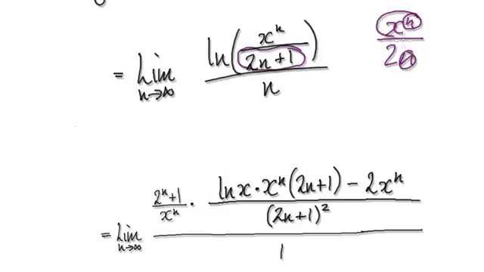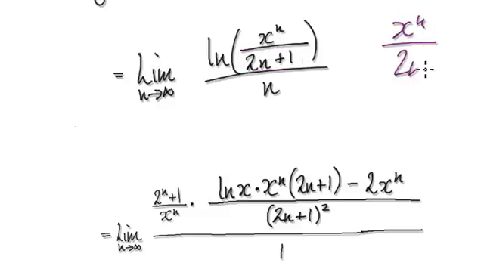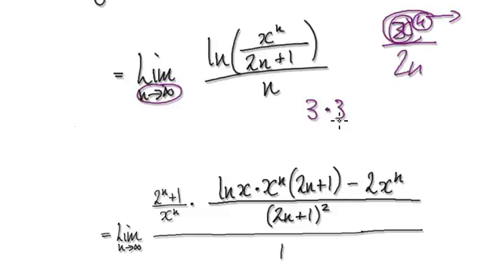which will dominate? Well, you see, x to the power of n will get a lot bigger than 2 to the power of n if, for example, let's say x is 3 here. 3 to the power of n, remember, n is getting bigger and bigger, n is heading towards infinity. So let's just say x is 3: 3 times 3 times 3 times 3 times 3 for the numerator.